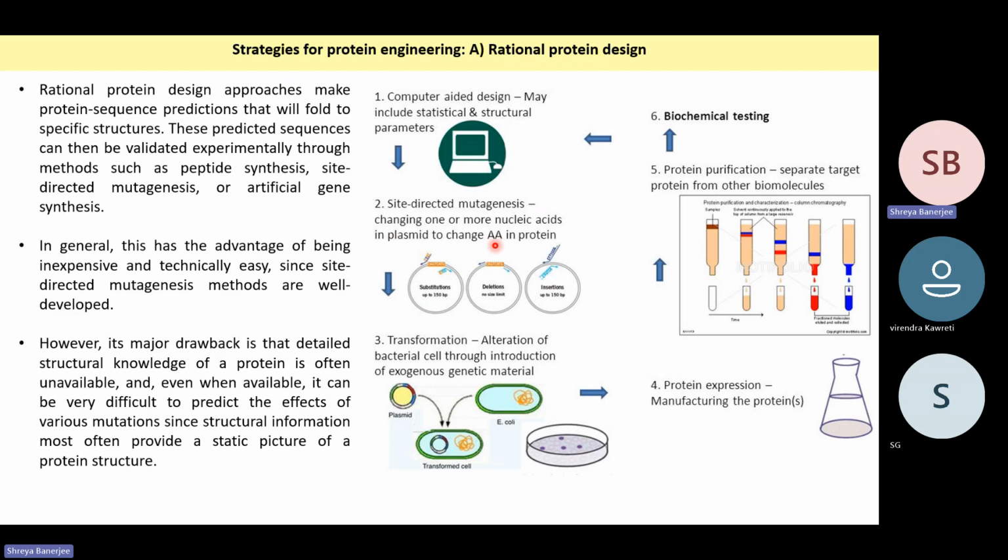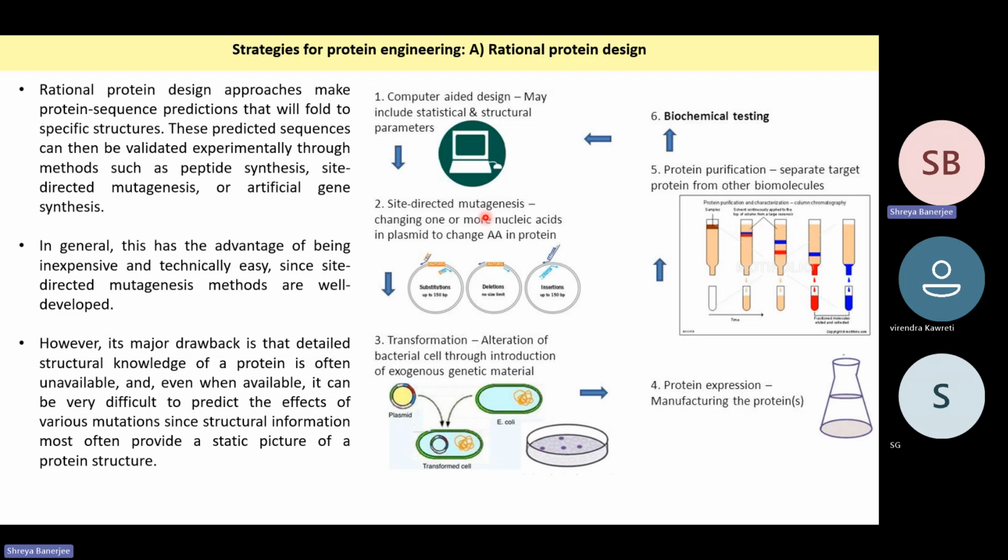So basically what that means is, using recombinant DNA technology, you can change the DNA in the plasmid to mutate. So we know the triplet coding, that 3 nucleotides will code for 1 amino acid. So by changing 3 nucleotides, we can change the 1 amino acid in the protein.